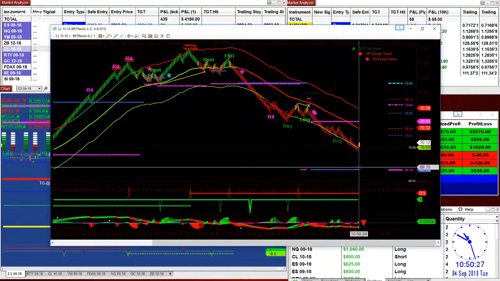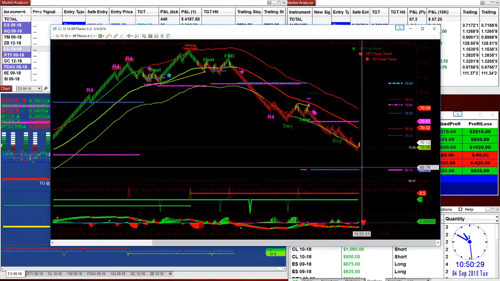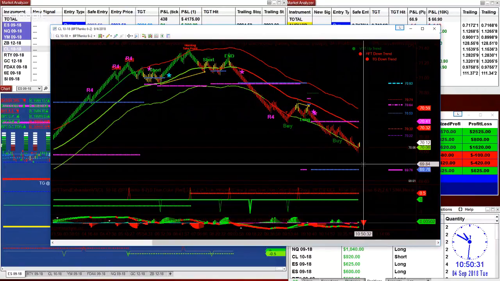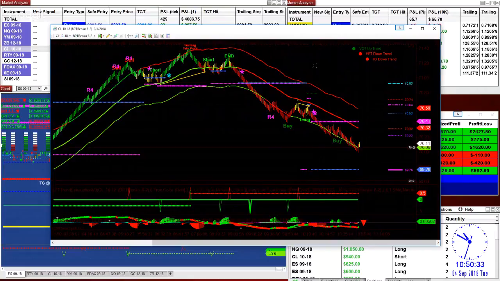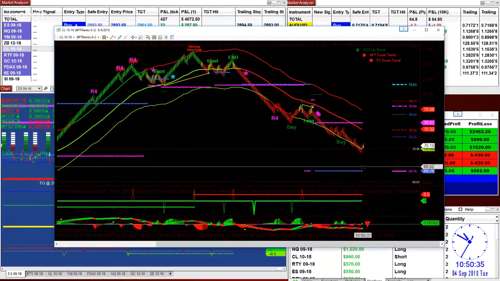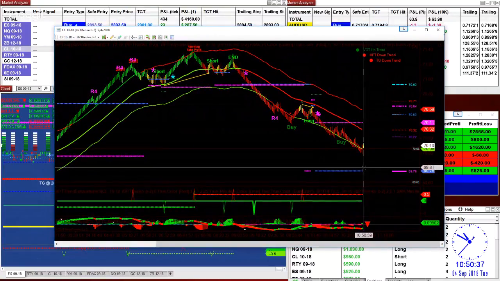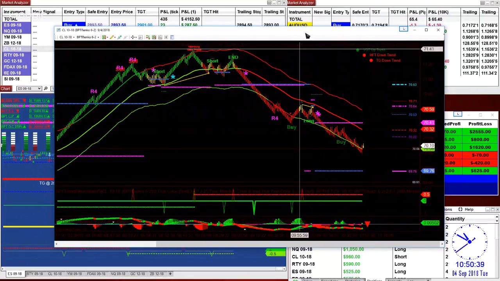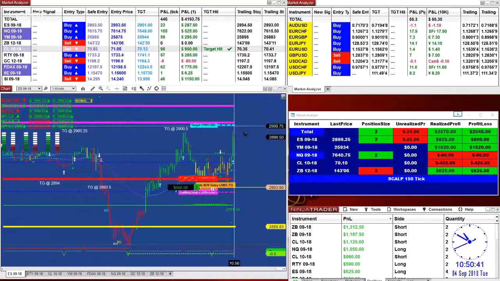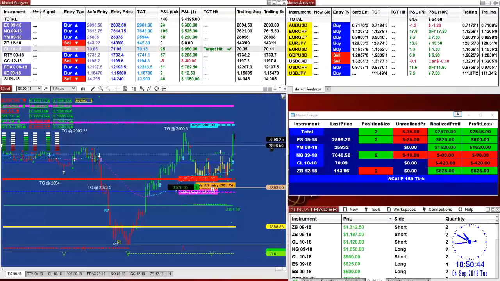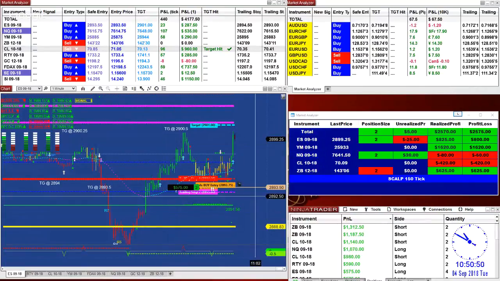Always try to find where the safe entry is. And if you miss that trade, you miss it. Welcome to trading. There is nothing we can do. But if you want to trade the CL, put it at 69.81. This is the only entry at the moment I can find on the CL.